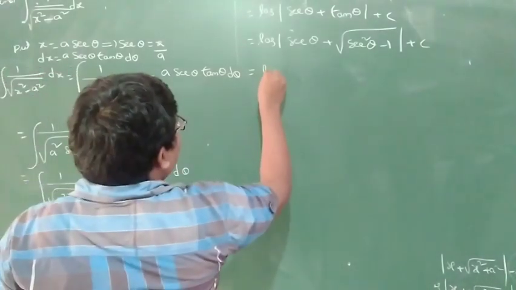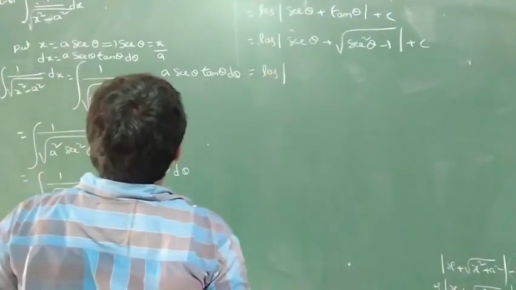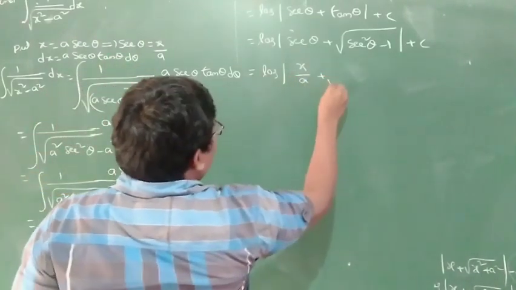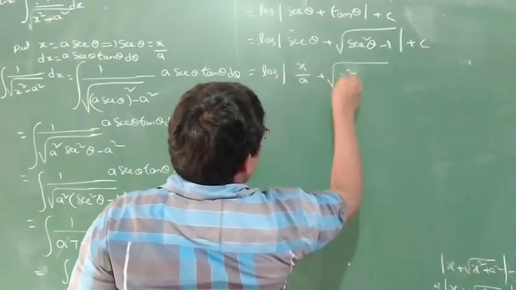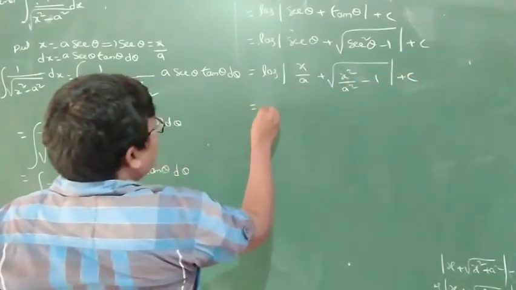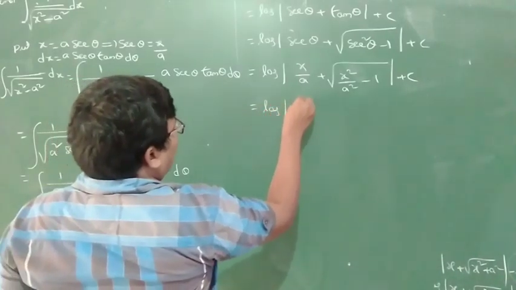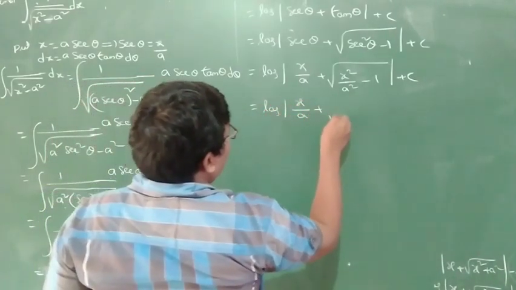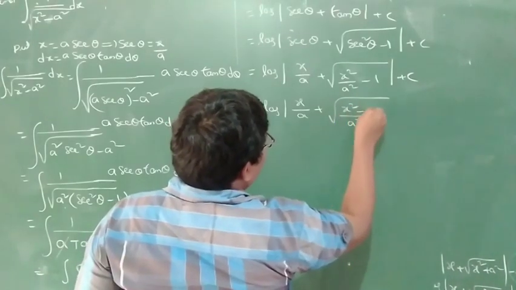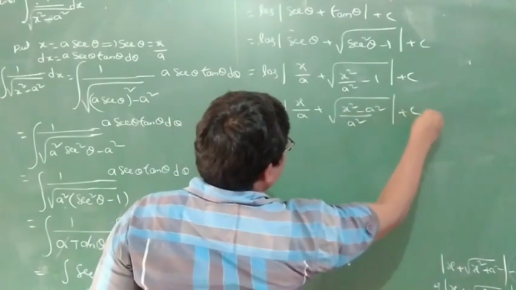Secant theta is x by a, so this is x by a plus root of x square by a square minus 1, plus c. That is equal to log mod x by a plus root of x square minus a square by a, taking the LCM a square, plus c.